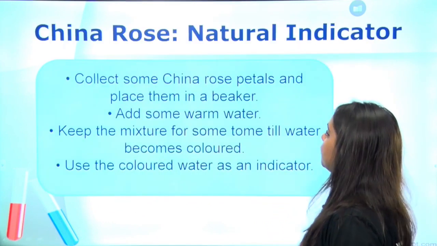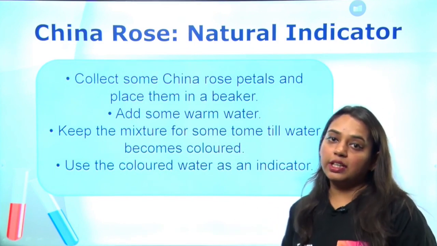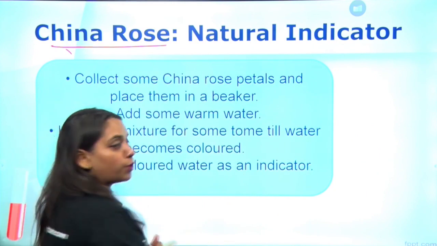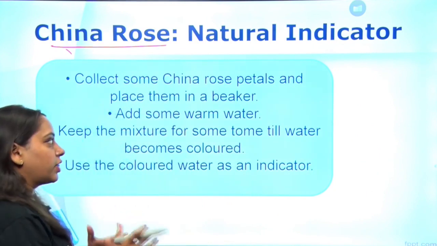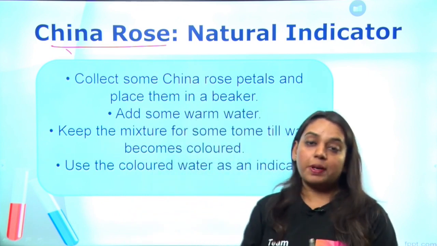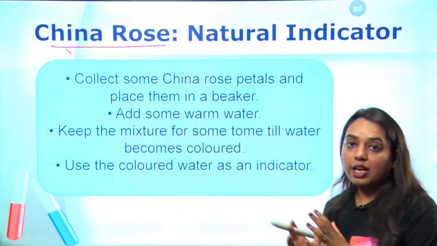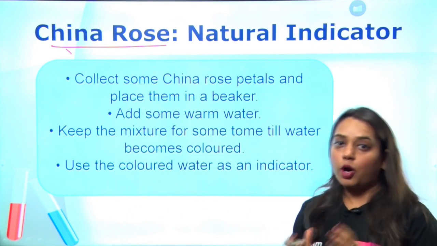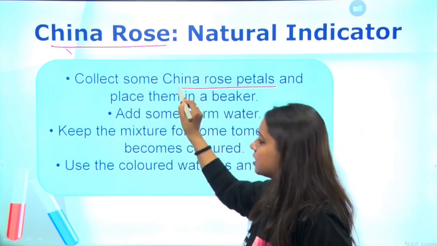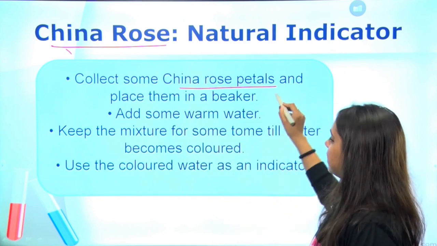So let us now move ahead with the next natural indicator, which is China rose, also known as good health. Let us conduct an activity that will help you understand how China rose petals help you identify a substance as acid or a base. You will collect some China rose petals and place them in a beaker.